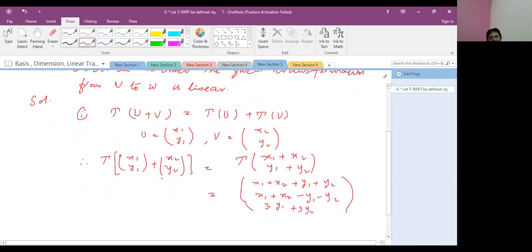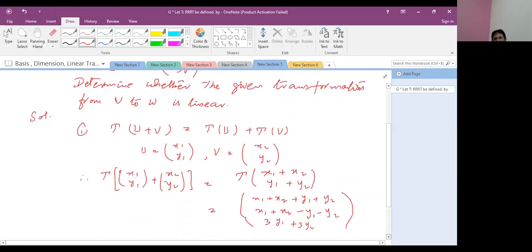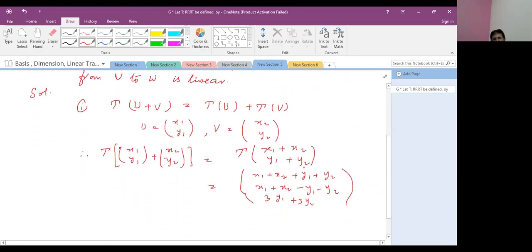So for the first step, T of U plus V versus T of U plus T of V: when we add both of them, we get the transformation of (x1 plus x2, y1 plus y2), then we apply the given transformation, x plus y, x minus y, 3y, in a similar way, with 3y meaning 3 times (y1 plus y2).